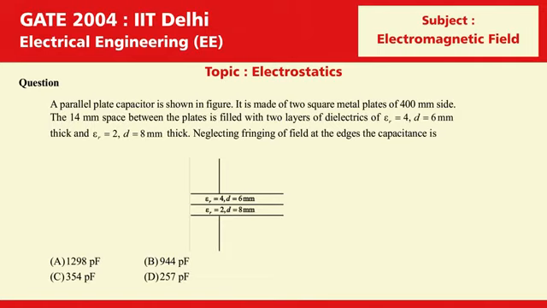Neglecting fringing of field at the edges, the capacitance is: option A 1298 picofarad, option B 944 picofarad, option C 354 picofarad, and option D 257 picofarad.